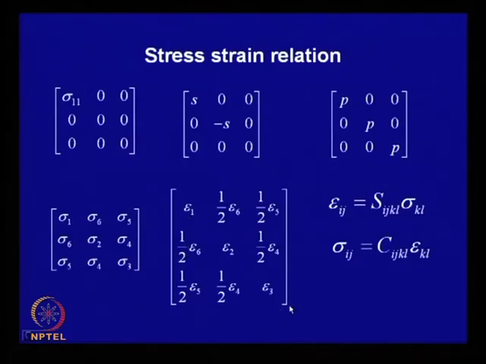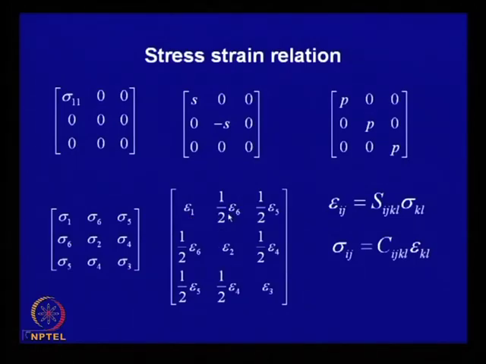The same thing is done with respect to strain. But to maintain that similarity, when you convert these 2 indices representing strain and 2 indices representing stress into just 6 indices, 1, 2, 3, 4, 5, 6, there will be some conversion factor, which is listed here.